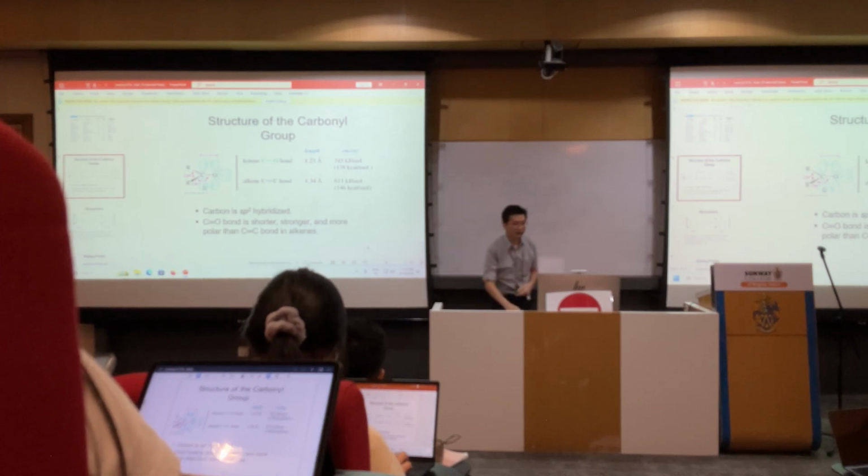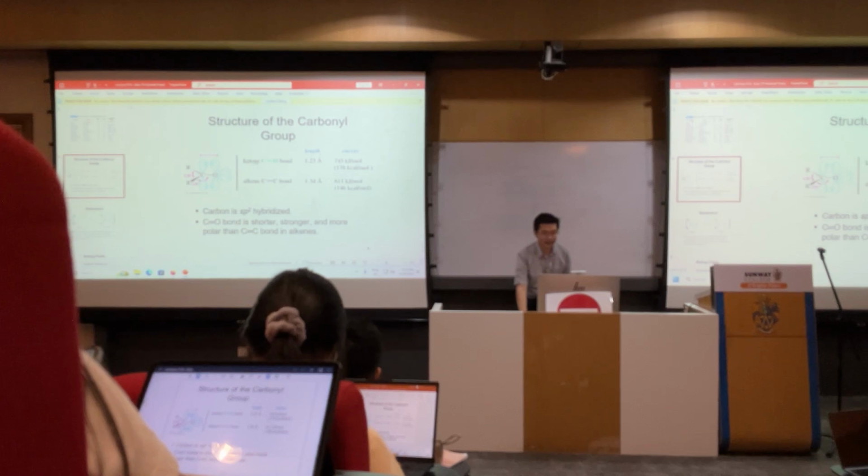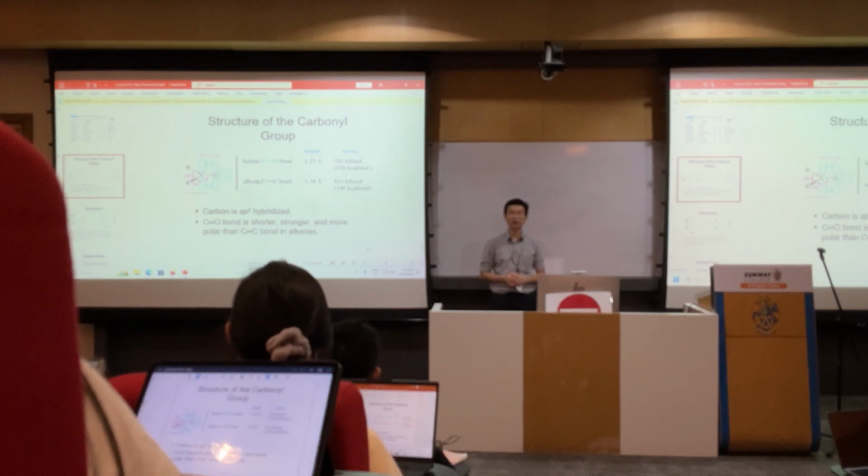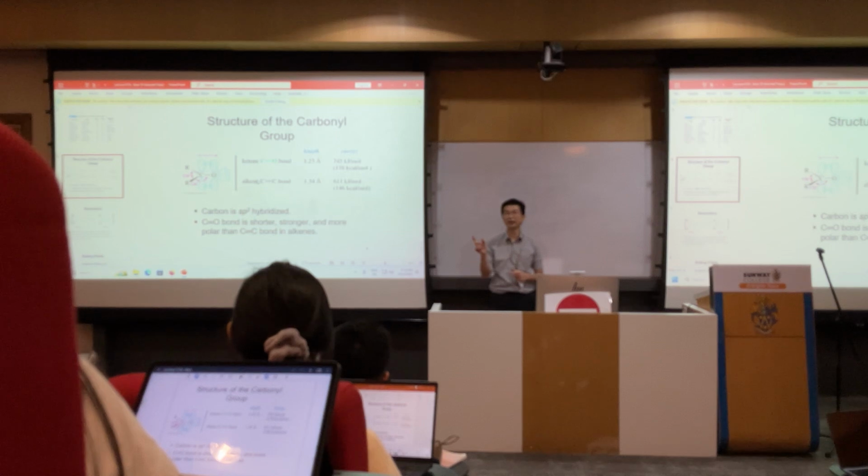Okay, and then for the comparison of bond length you can see here, ketone and alkene. Ketone has a slightly shorter bond as compared to alkene because of the difference of polarity.